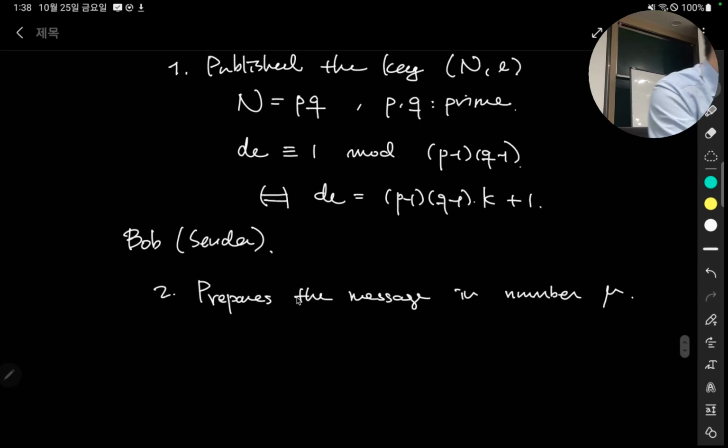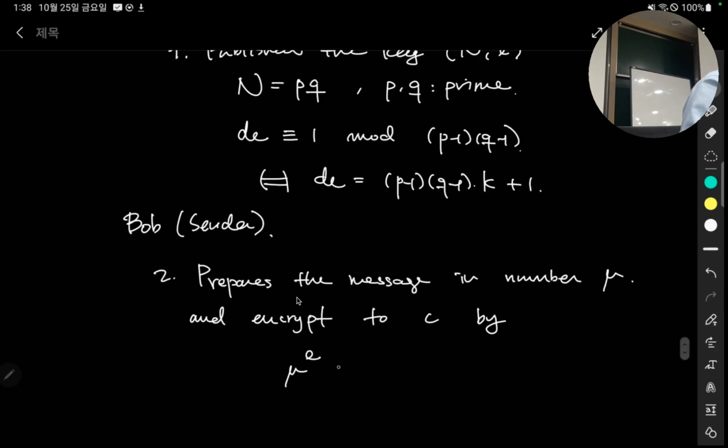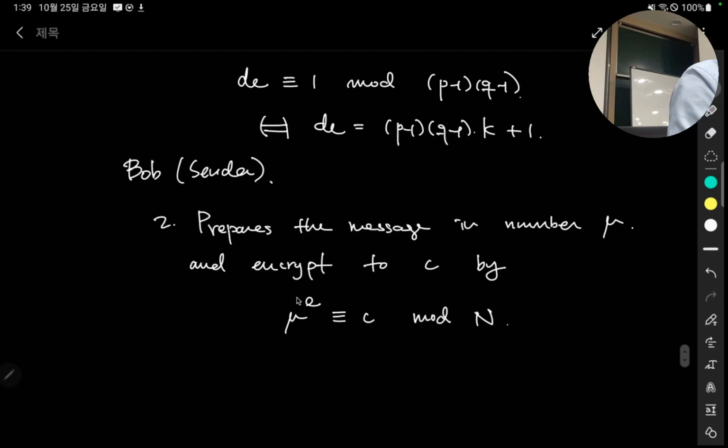So that's mu, the chunk of your message transformed into a number, and then encrypt to another number C in the following way. So you take the public key E, okay, and then you take the power of mu to the E, and then the remainder is C when you mod out by N. Okay, so everything is known.